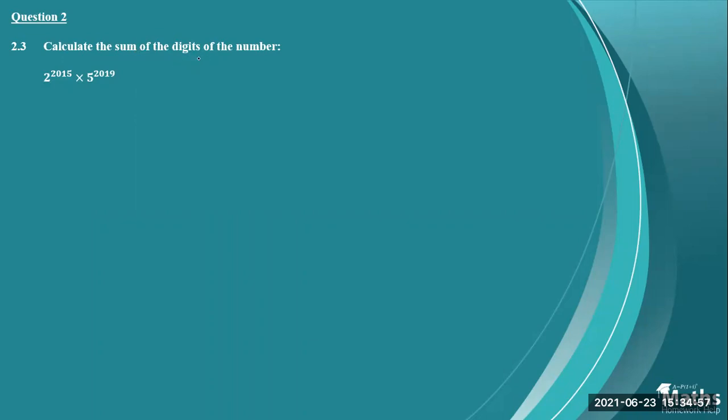The sum of the digits. So for example, if I sit with 5, 8, the sum of the digits will be 2 plus 5 plus 8, and that will give you 15. Now they say calculate the sum of the digits, but you can't work this out using a calculator. It's not going to help you.